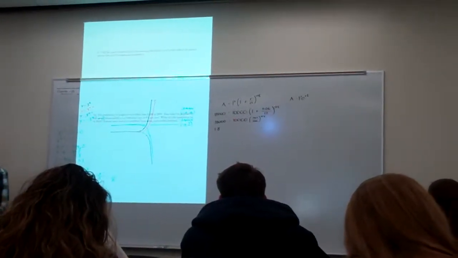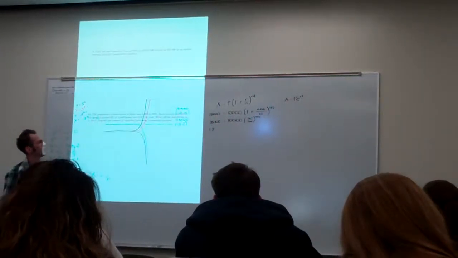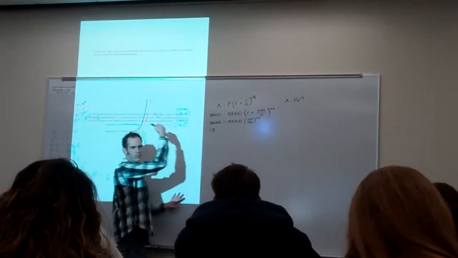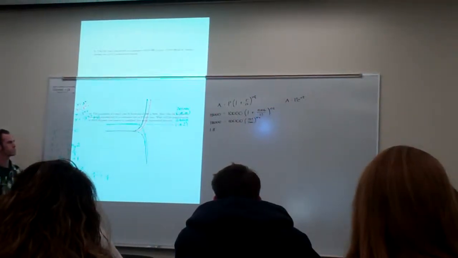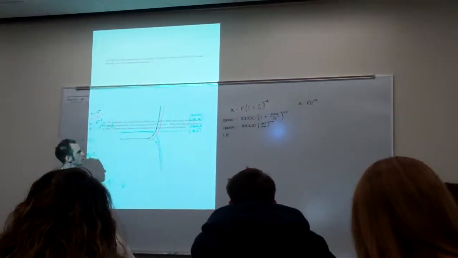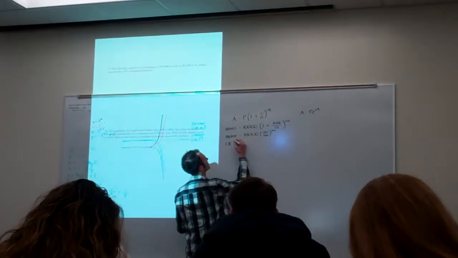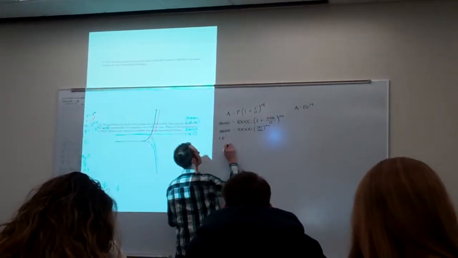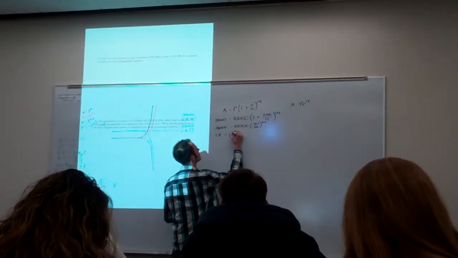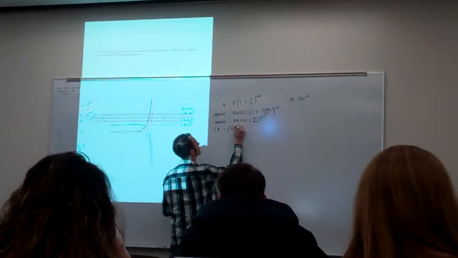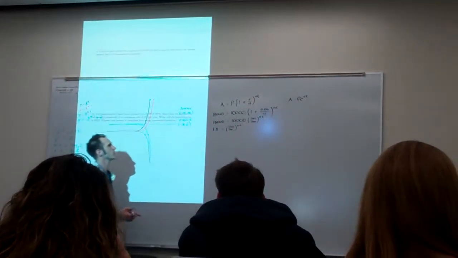Dividing by a power of 10 just means move the decimal over that many times. This has 4 zeros, so move the decimal over 4 times. So 1.8 equals 201 over 200 to the 12t.